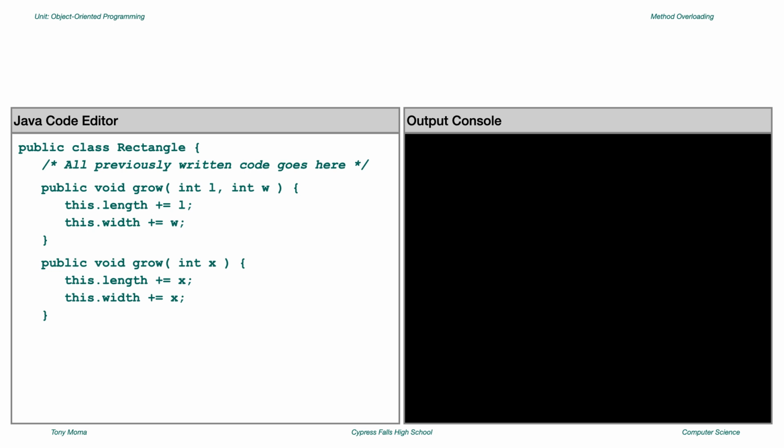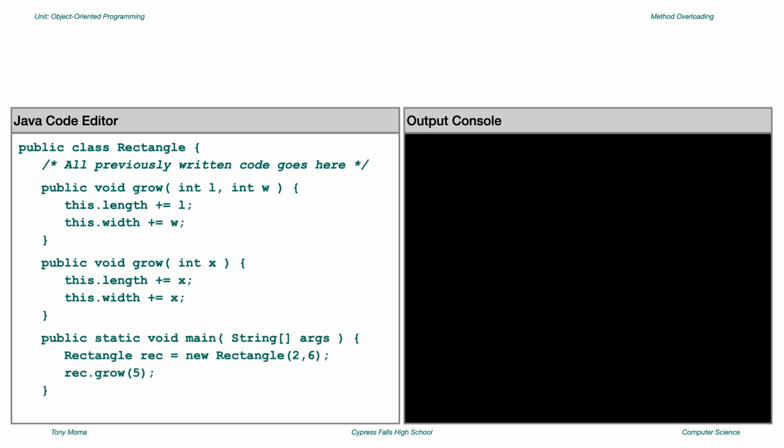To answer that question, consider the following program. Suppose in my main method, I declare a rectangle with a length of 2 and a width of 6. Then in the next line, I call the grow method and I pass it the integer 5. Based on how this code is written, can you guess which grow method will be invoked, the first one or the second one?